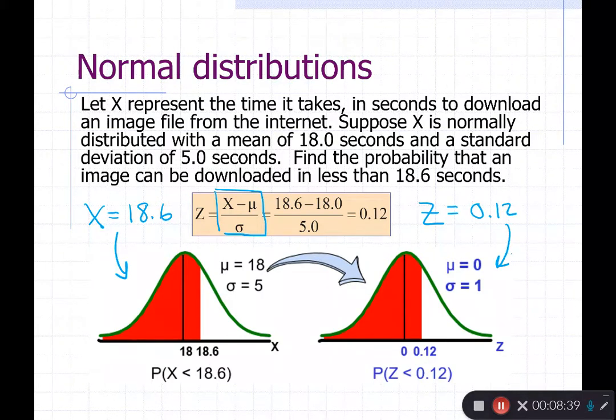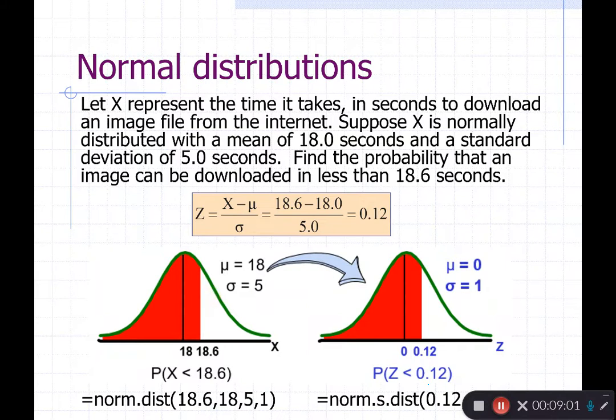There's an Excel function for either. So if you're using the table of values, the z-score table, you have to standardize. Obviously, because it's called the z-score table for a reason, it works with z-scores. But if you're using Excel, it's up to you which method you want to use.